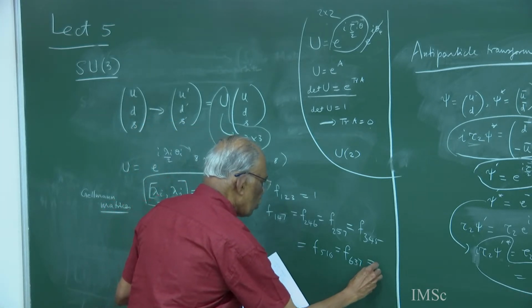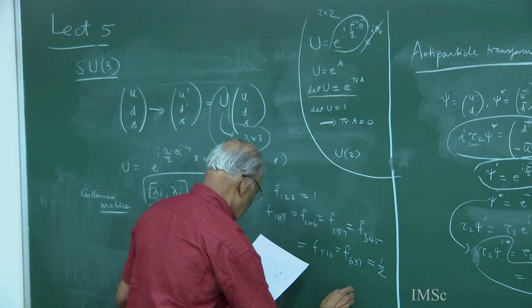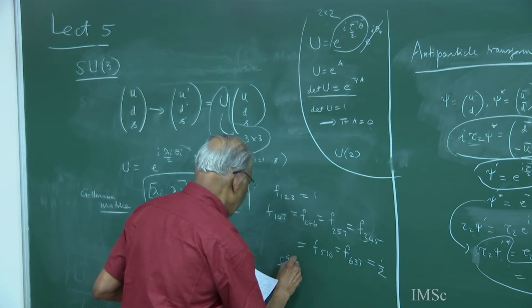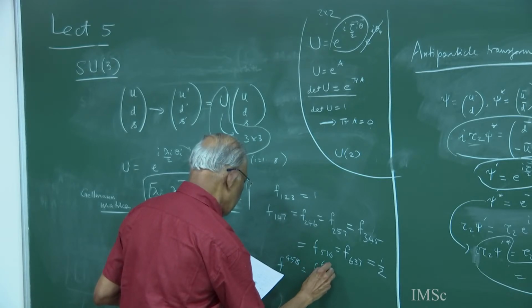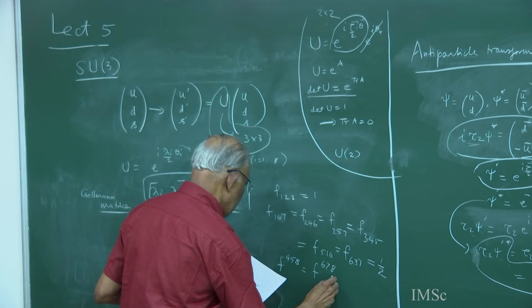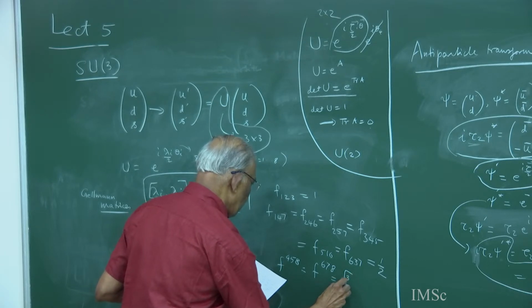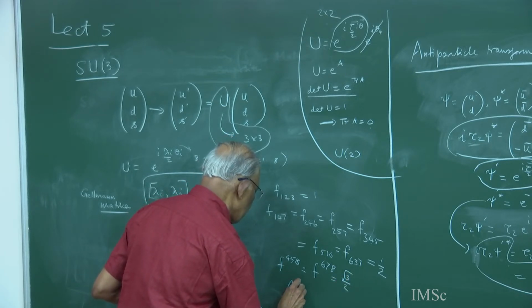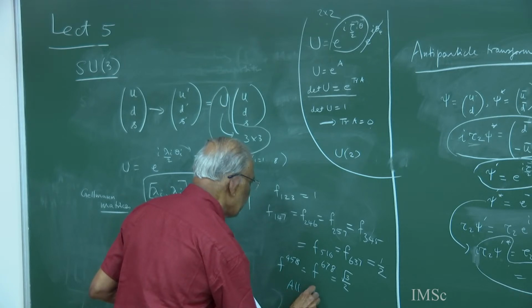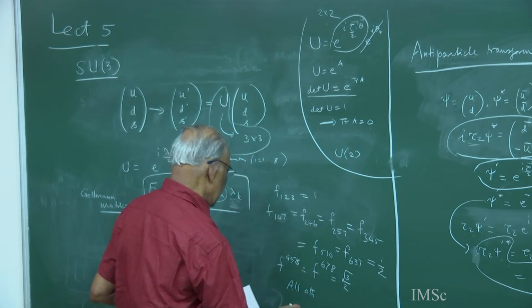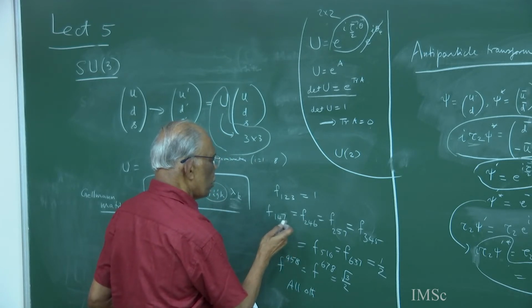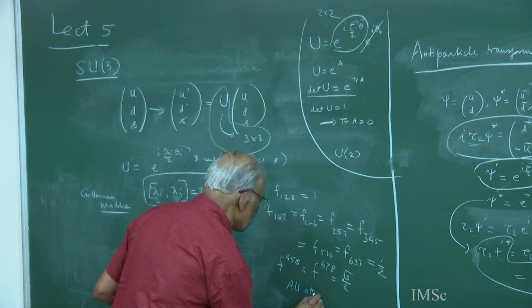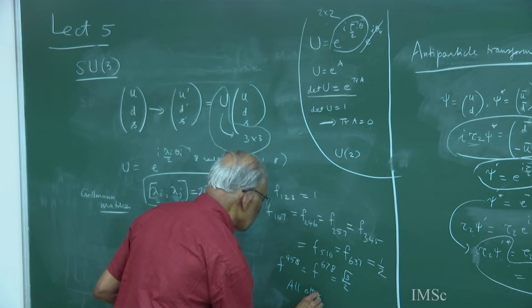All these are equal to half, and then f458, f678 equal to root 3 by 2. All other f's are 0. Again, if any two indices are equal, they are 0, and they are antisymmetric. f417 is minus half, and so on. All others are 0.